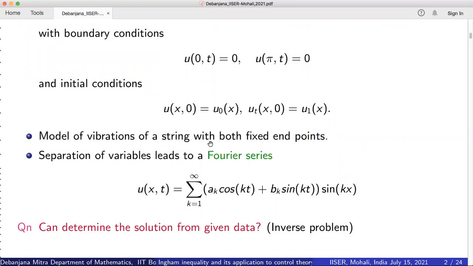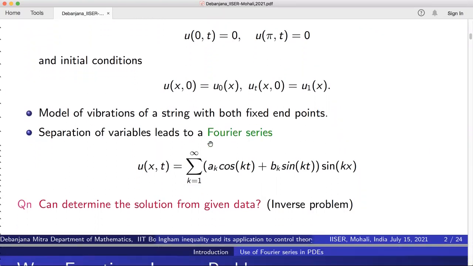Using separation of variables you need the Fourier series expansion, and that is precisely coming as an eigenfunction of u_xx, posed on 0 to pi with the Dirichlet boundary condition. So you get the expansion of u in terms of the Fourier series, which is given here.